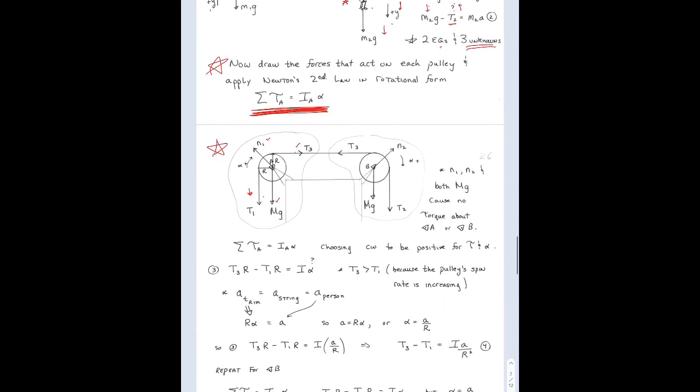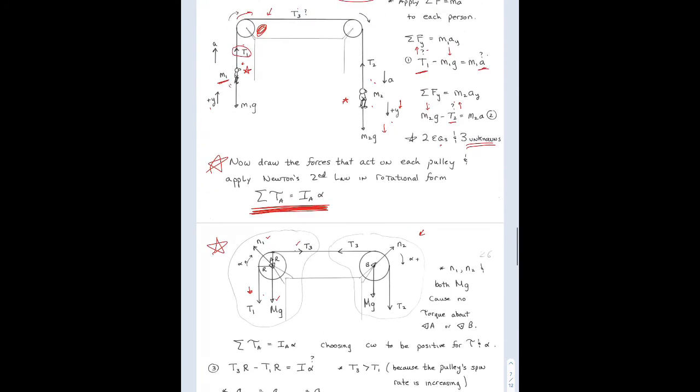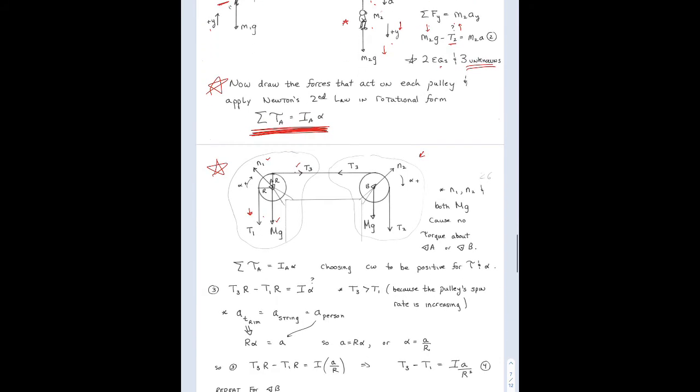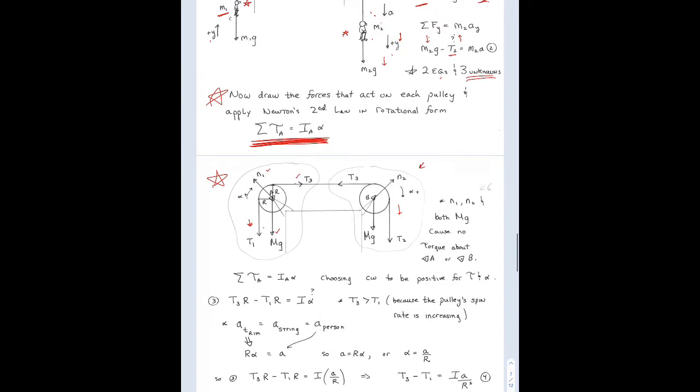Then I did the same thing over here for the pulley on the right. This T2 is a force on M2 that prevents him from falling. But if I draw the force on the pulley, T2 is trying to rotate the pulley clockwise, and T3 is trying to prevent that from happening. Same thing for N2: that's the reaction force due to the tensions and the weight.